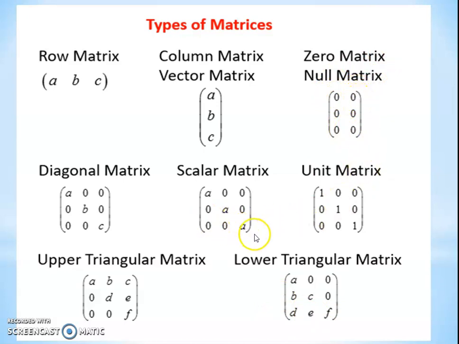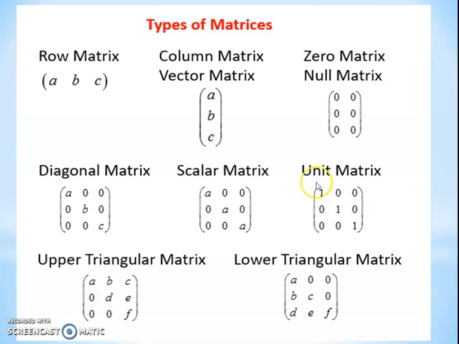In a scalar matrix, the diagonal element is always the same, that is 1, 1, 1, 2, 2, 2, 3, 3, 3, minus 1, minus 1, minus 1, minus 2, minus 3, minus 4. But in a unit matrix, 1, 1, 1 must be there.